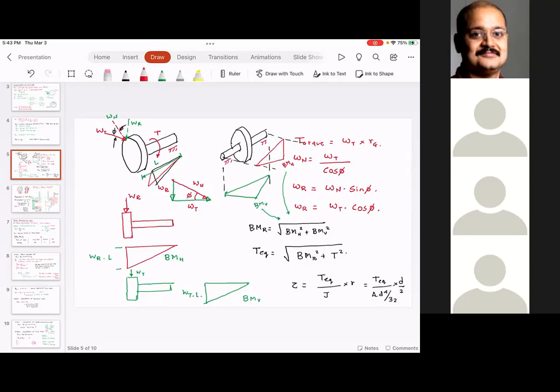Because please understand, automotive transmission could be 1:40. You will have a gear which is maybe 10 centimeters, and another gear which is 40 times 10 centimeters, 400 centimeters. That would be a huge gear.